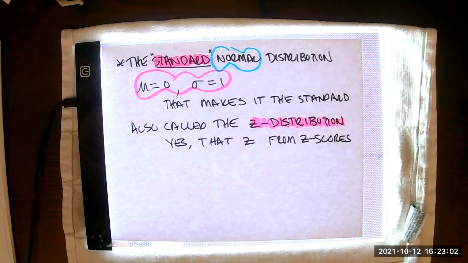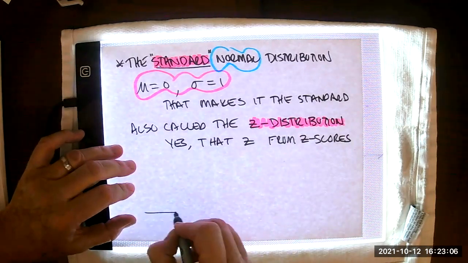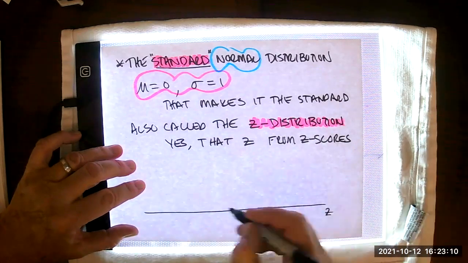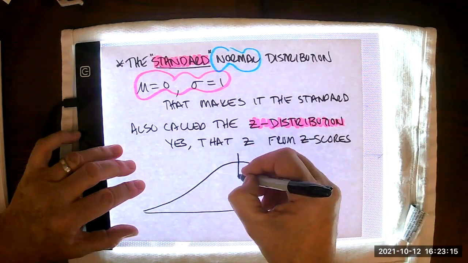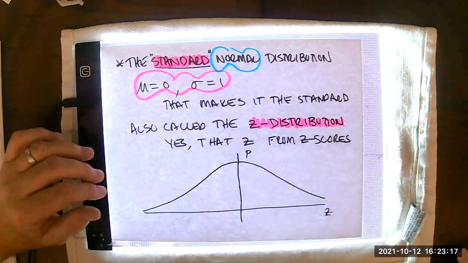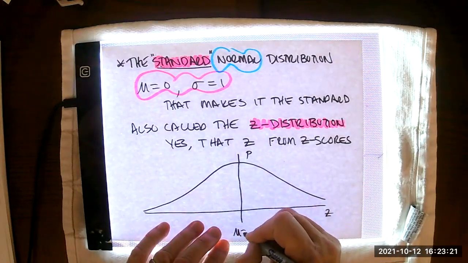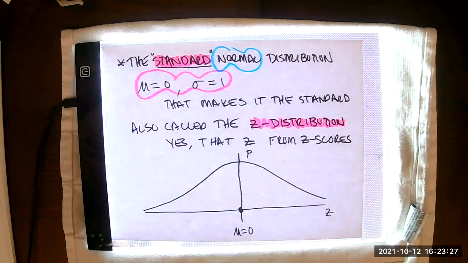And it is a probability distribution. You have the horizontal axis. This time I call it Z, but it's just like X. There's my normal distribution. Probability is recorded on the vertical axis. We have a mean of 0. So the mean is right there, right on the so-called y-axis.